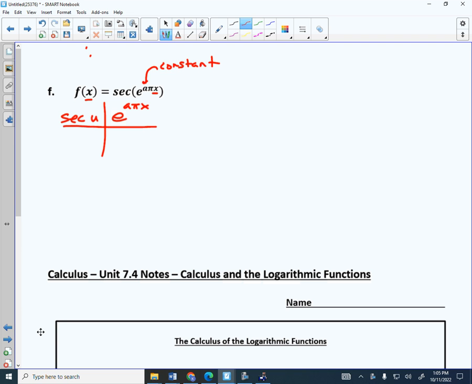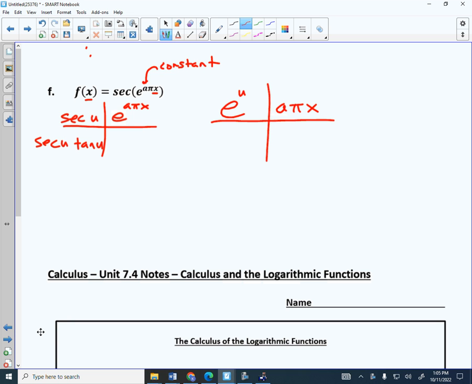Good. What's the derivative of secant of u? Secant of u times tangent of u. And then the derivative of e to the a pi x. Chain rule. You don't have to set up the chain rule, but we sure can. E to the u, a pi x.